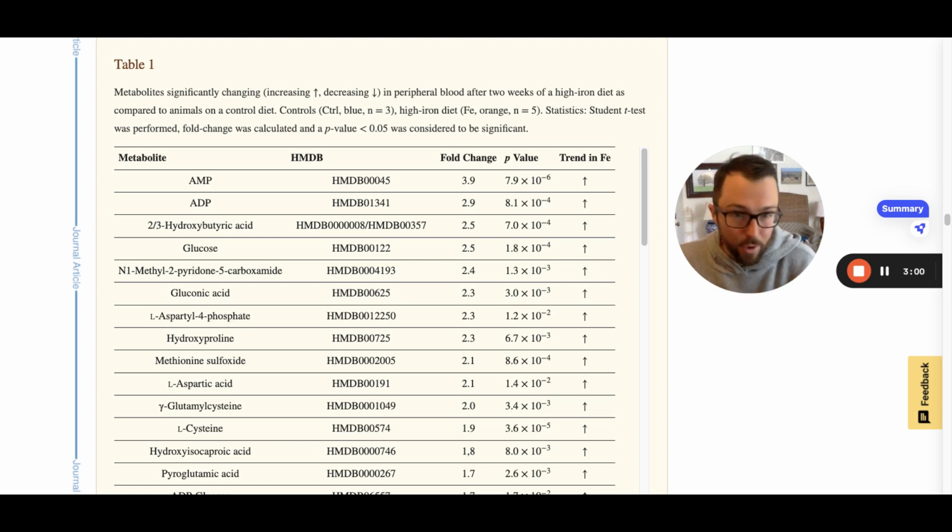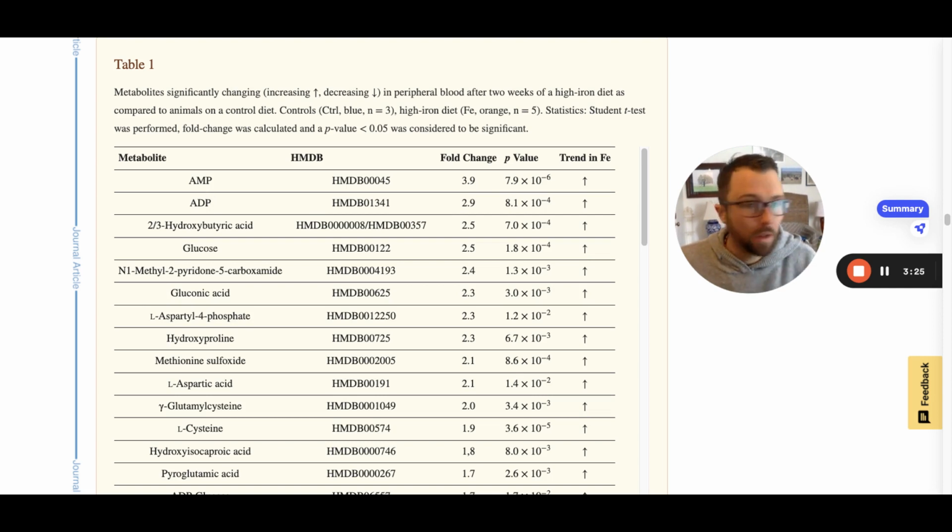And when I first looked at this, it was like, okay, this is just a bunch of hints as to which energy systems were being used, what waste systems were being used, and got me thinking on what are some ways that we can adjust for these. So you can see huge fourfold, threefold increases in AMP and ADP.